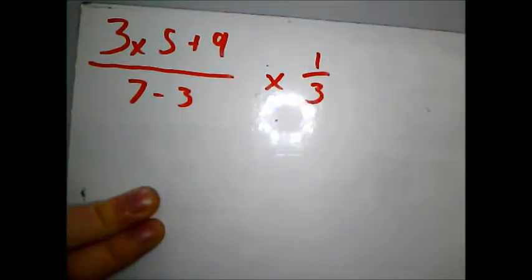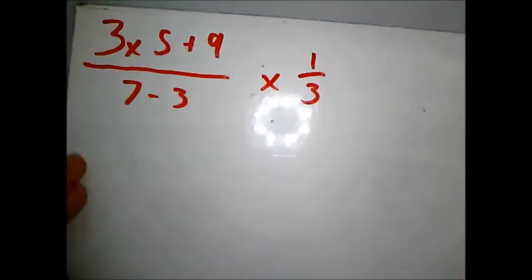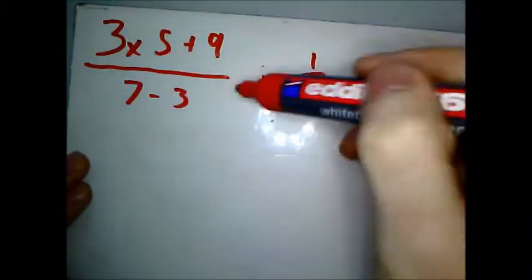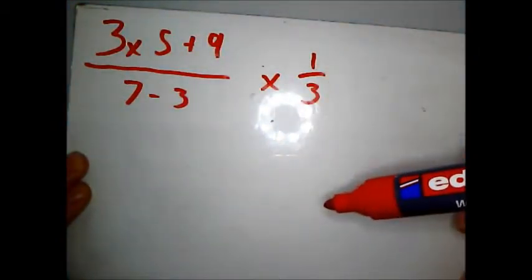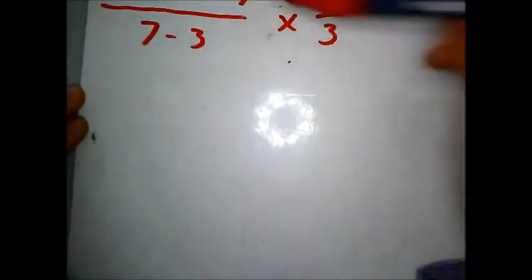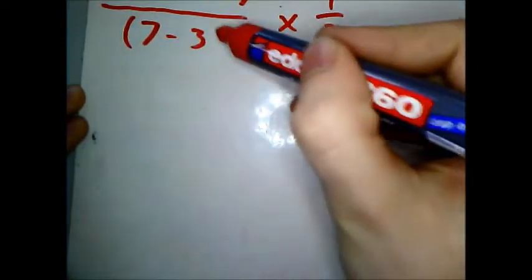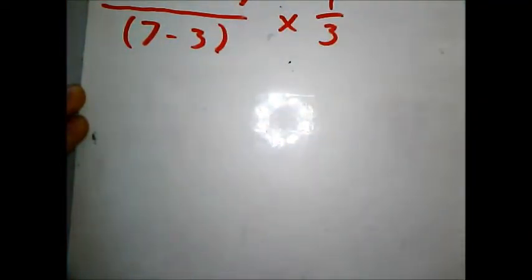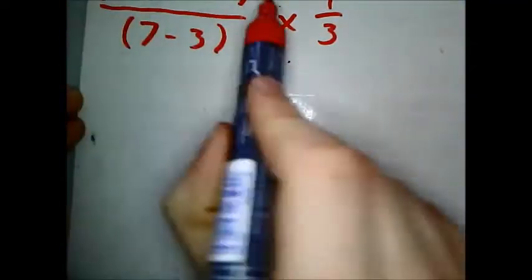And now I'm going to calculate these two bits separately for the moment. Okay. So let's see. There's invisible brackets in here. And there are invisible brackets here. So let's look at the top of my fraction first.